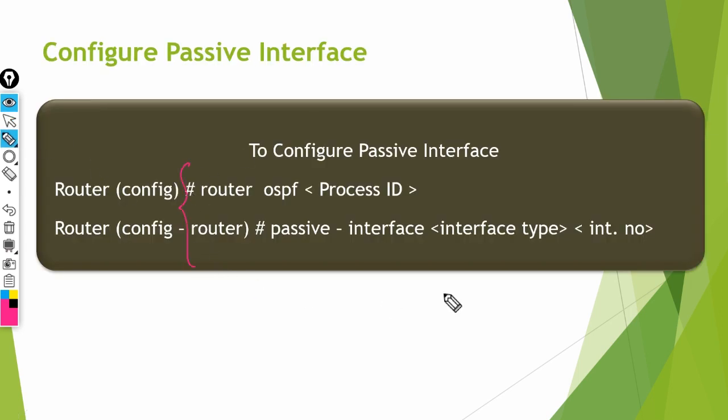Under OSPF, you need to define passive-interface and then the interface type and interface number, like FastEthernet 0/0. So this is how you can configure the passive interface. I will show you the demo for passive interface in the next lecture. So far, thank you so much. Let's move ahead and see you.